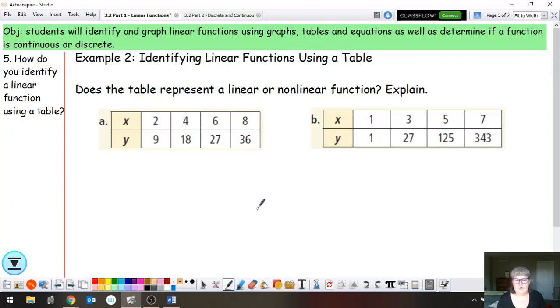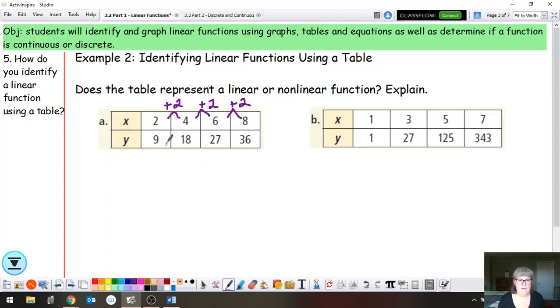But we can also look at tables. And when we look at a table, we want to see, is it increasing the same amount or decreasing the same amount? So I'm going to look at my x values. From 2 to 4, I'm going up by 2. 4 to 6 is increasing by 2. 6 to 8 is also increasing by 2.